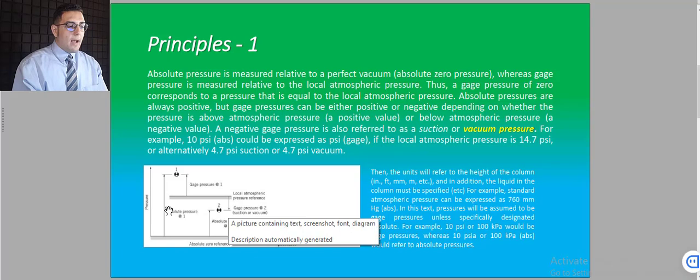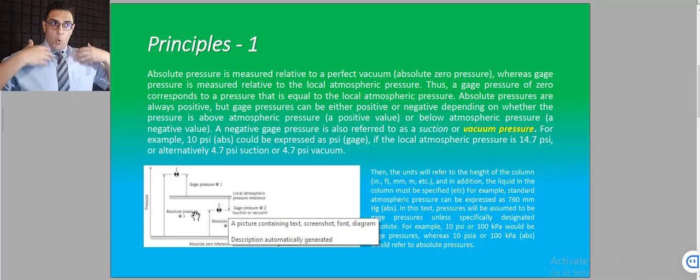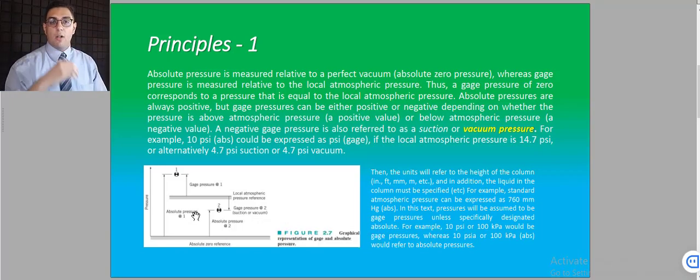Another point of gauge pressure is that it might have a negative sign. A negative sign of gauge pressure means suction, like suctioning the air through the lungs. This means that it is happening something like this.